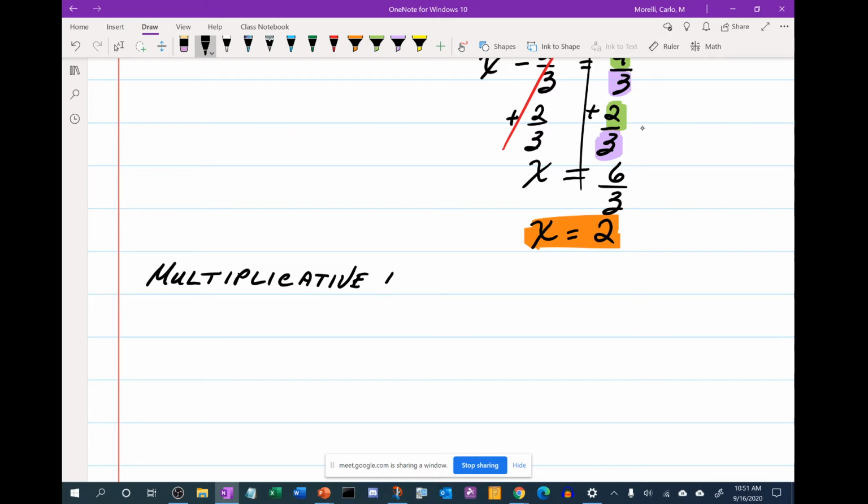Multiplicative inverse, aka also known as the reciprocal. The multiplicative inverse, also known as the reciprocal.